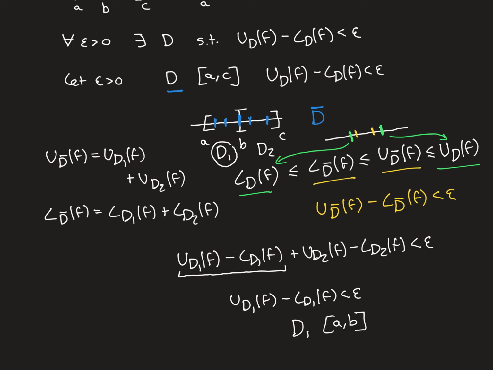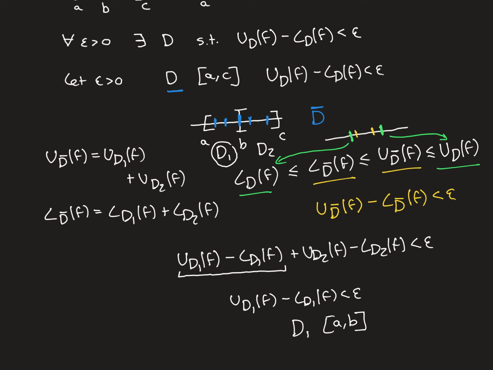And in fact, here we have shown that the same thing is going to be true for the interval BC, because we can also conclude that the upper Riemann sum over D2 of F minus the lower Riemann sum over D2 of F is less than epsilon for the exact same reason, because this has to be a positive number, this also has to be a positive number, so it's something greater than 0.